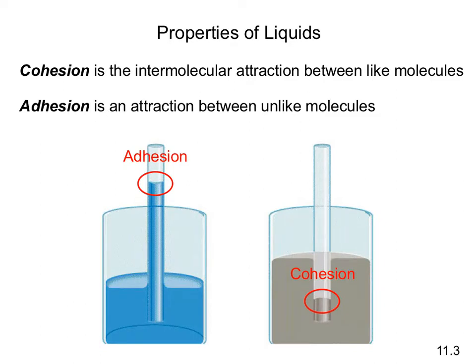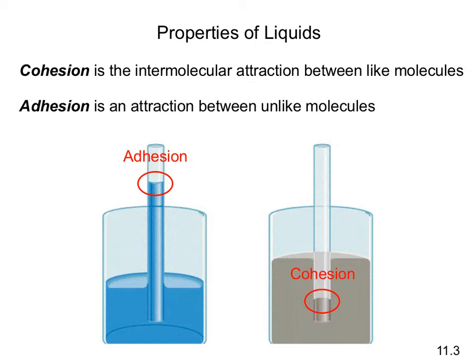Adhesion and cohesion, again, you've seen this a lot, in particular with water, of course. You talked about it in biology. This is how trees drink. Cohesion is the intermolecular attraction between like molecules. It's like water to water, or mercury to mercury.